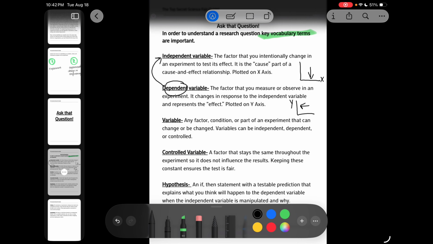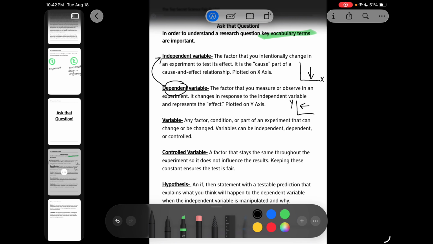That leads us right into our next vocabulary term. So a controlled variable is a variable that stays the same throughout the experiment so that it does not influence the results. And keeping these constant is how we ensure that the test is fair. So in an experiment, like I said, when we're changing our independent variable, we're evaluating what result that change is going to cause.